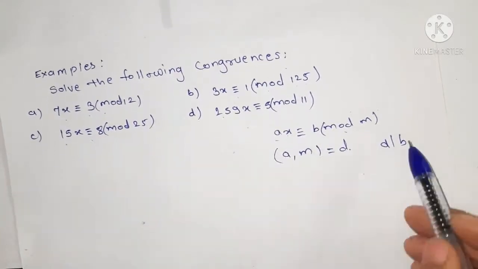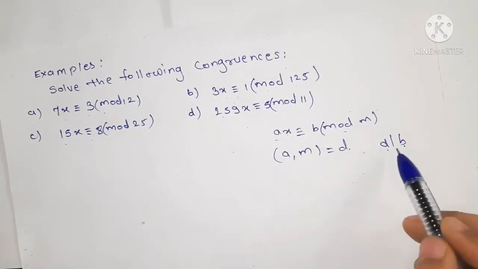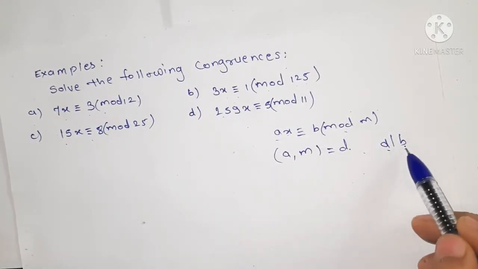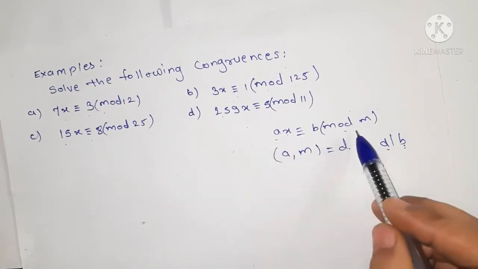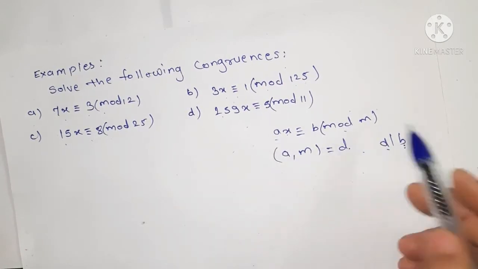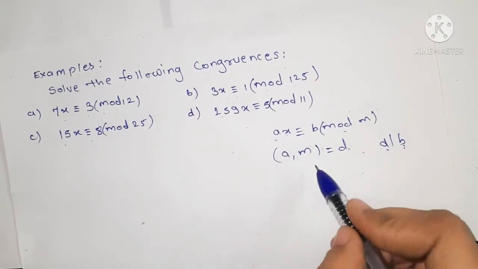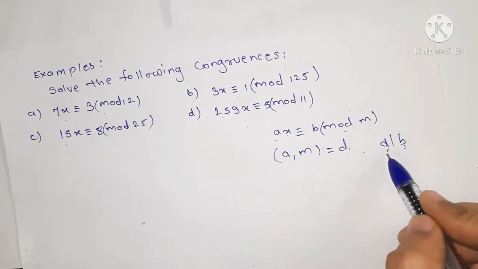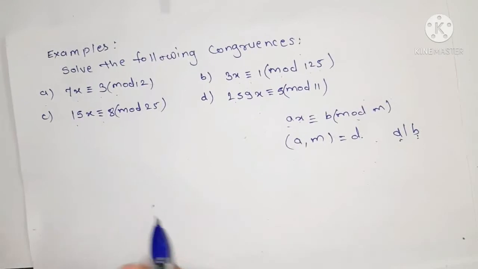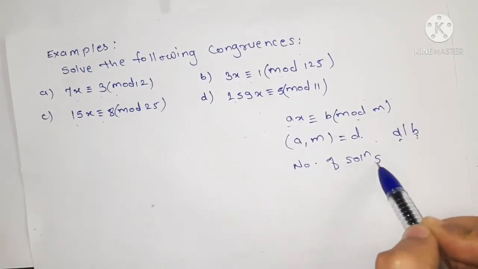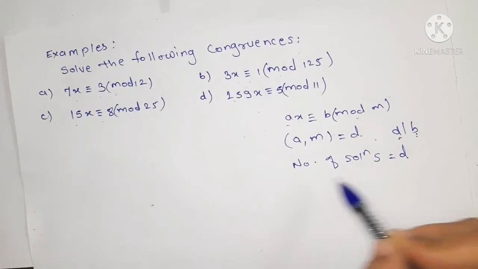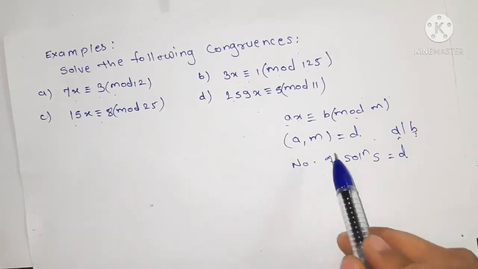That is, when D, the GCD, divides the number B, then this equation has a solution, and the number of solutions will be exactly D in number. So the number of solutions is equal to D, and these are incongruent solutions.